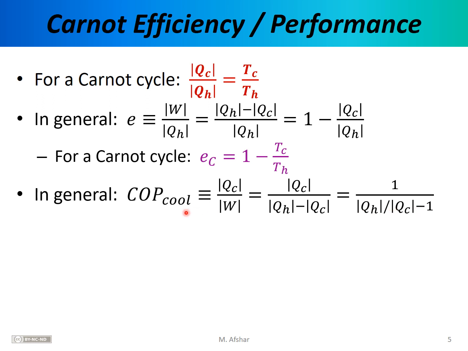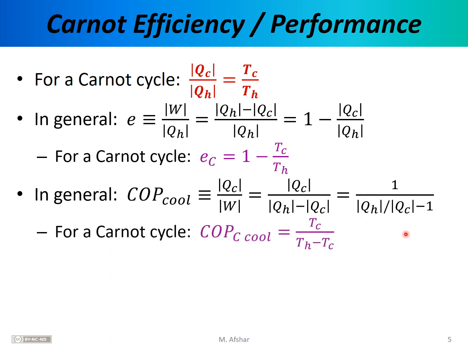Now, this is true in general for any heat pump operating in cooling mode, but for a Carnot pump specifically, QC over QH is TC over TH. We can substitute this equation in here and find that the coefficient of performance for a Carnot pump used in cooling mode is equal to TC over TH minus TC.